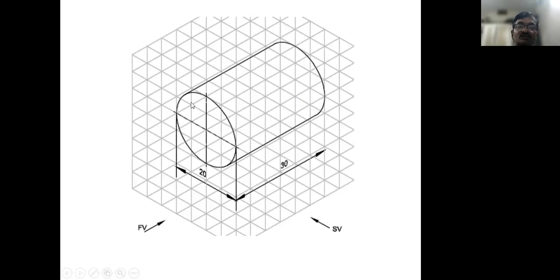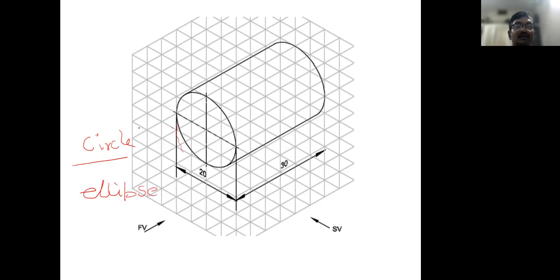Here is also an isometric drawing of a cylinder. We know that when we observe the cylinder, this edge is actually a circle. The actual shape is a circle, but when drawn in isometric drawing, that shape is an ellipse.